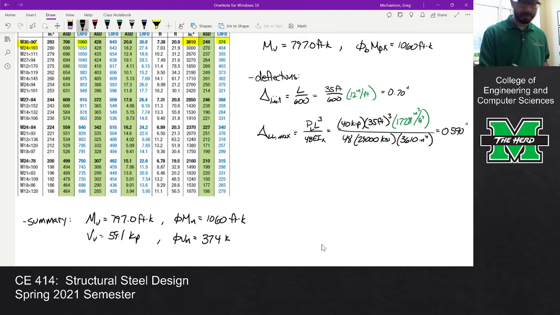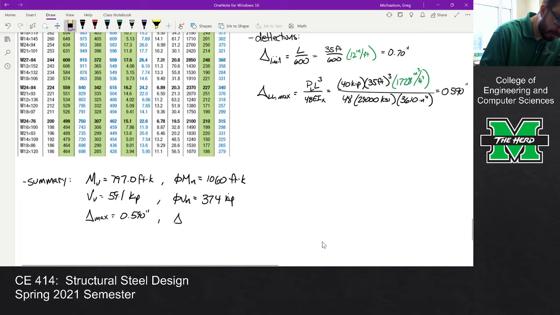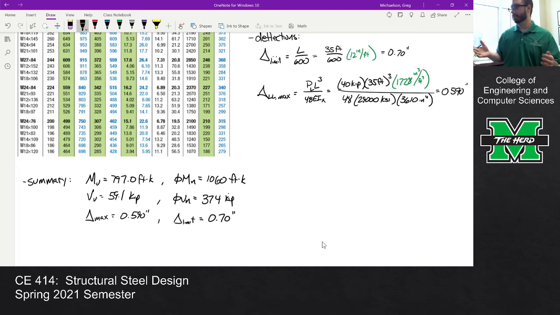We're good there. And then our maximum deflection was 0.59, and our limit was 0.7. So what do we got? We've got enough moment capacity, enough shear capacity, and the deflection is less than the limit. We're good.